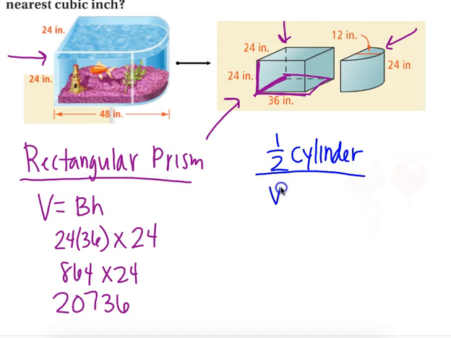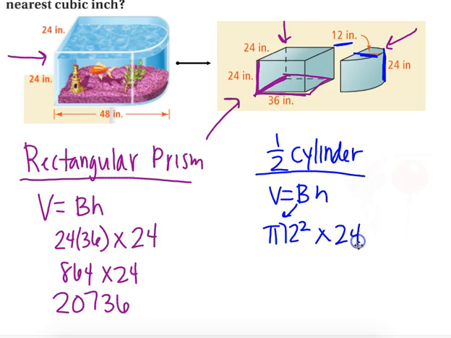Volume equals, well, let's first find out if it was a full cylinder, and then we'll just divide it by 2. So volume of a cylinder is base area times height. Our base is a circle, so we're going to have pi. Our radius they're telling us is 12 squared times our height of 24.